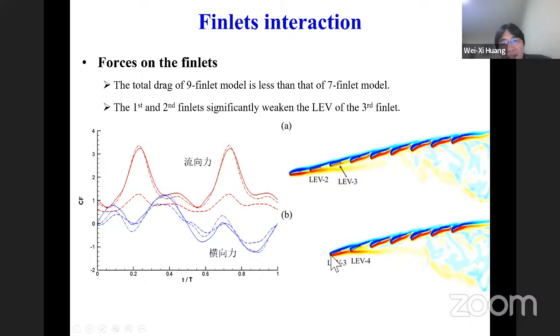For the third one, the vortex is much stronger, but here it's weaker. So in nature it has 9, and this looks like an optimal arrangement.